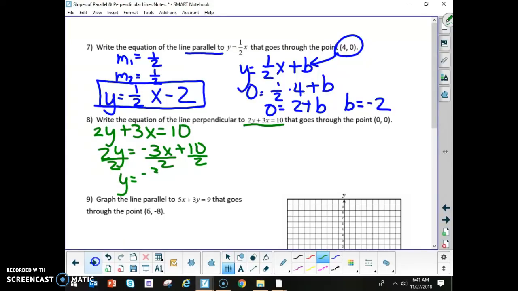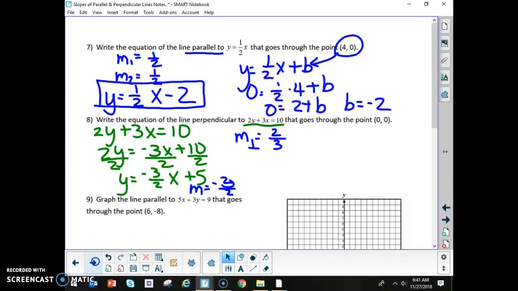Y is equal to negative 3/2 x plus 5. So the slope of this one is negative 3/2. So the slope of the perpendicular would be 2/3. Opposite inverse.